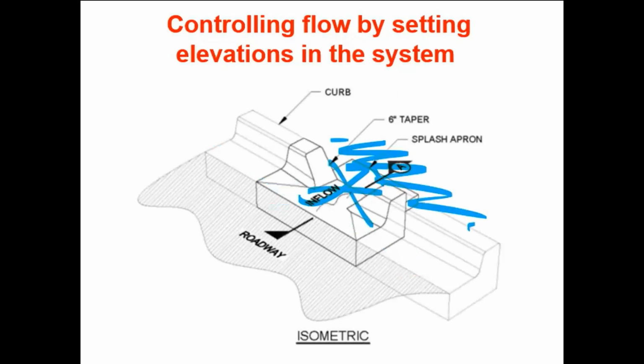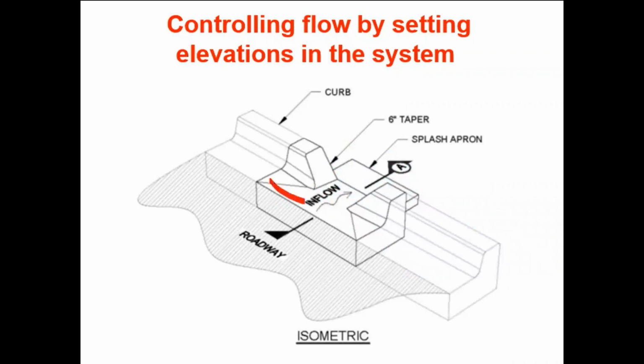There are a couple of standard parts that you'll see in this system, and that includes the cut itself that allows water to go in, the fact that there is some sort of a taper here on the sides, and it's important to have some sort of a splash block on the inside. It doesn't have to be made out of concrete, but it has to be something to try to reduce the erosive flow of water as it enters the bioretention area.